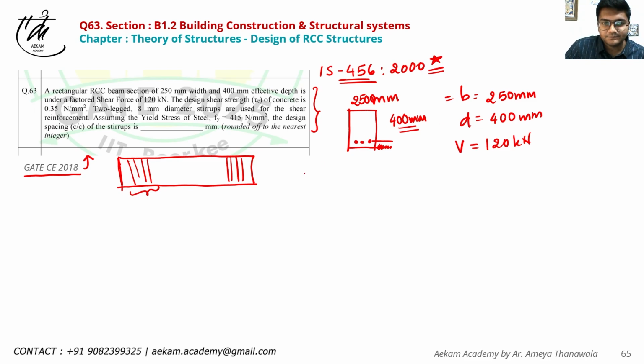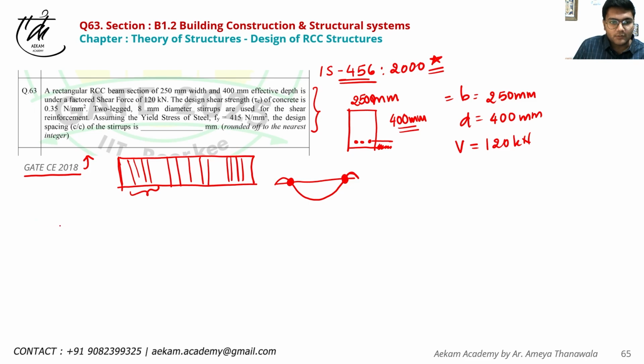So in a fixed beam, if you draw the diagram, it is something like this, right? You can see these two critical points where failure can occur have stirrups in larger concentration, and then they are gradually reduced. This is the concept behind stirrups.